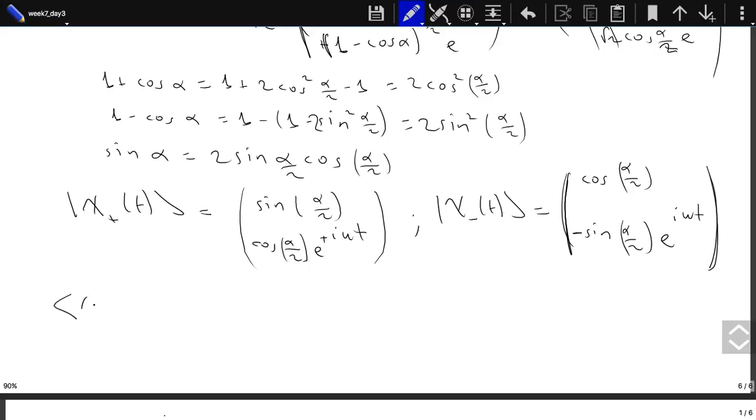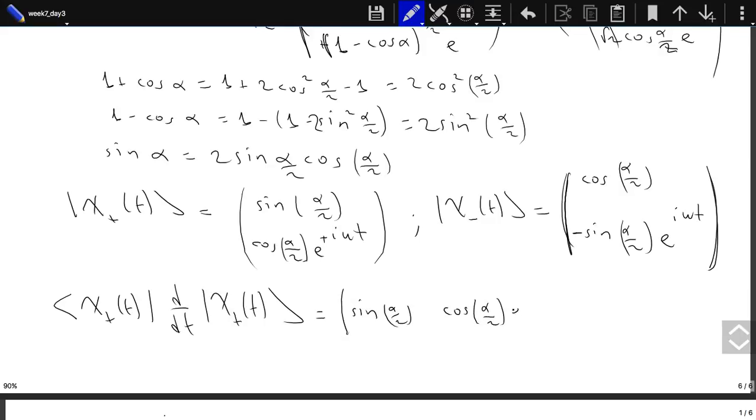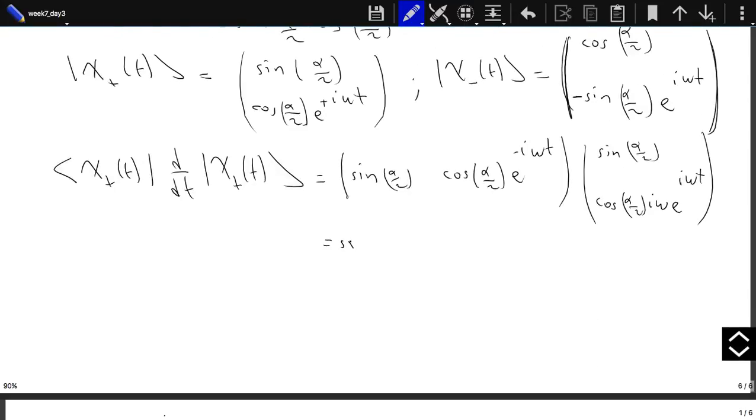Now what we need is, for example, chi plus of t times the derivative of chi plus of t, which is sine alpha over 2 cosine alpha over 2 e to the power minus I omega t multiplied with sine alpha over 2 cosine alpha over 2 times I omega times e to the power I omega t, which is sine squared alpha over 2.